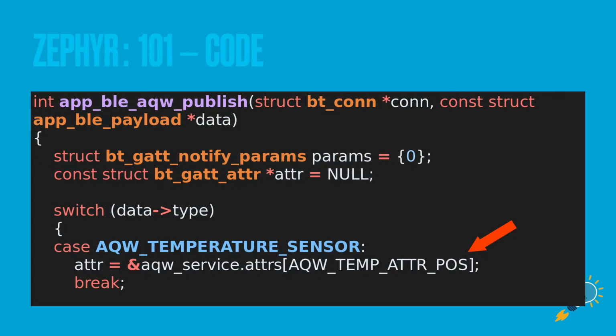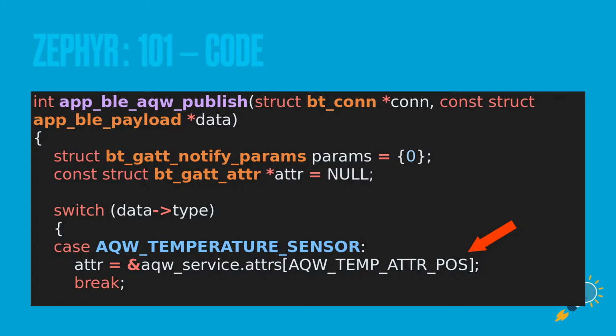This is the actual publish function, and you can see the red arrow there. That is pointing to the position that we just defined earlier for the attribute for the data. This is how we're essentially notifying or setting the data in the characteristic for the particular sensor. That's a mouthful, but hopefully you get the idea.